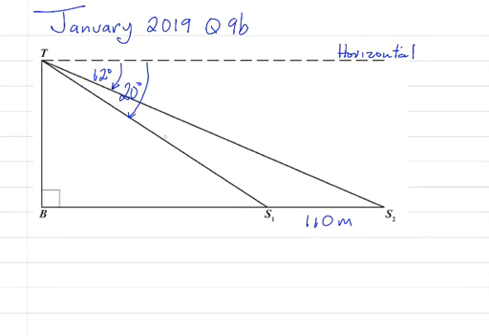These two lines here represent the person's line of sight. To illustrate the angle of depression, you start at the horizontal and draw your curve until you come around to the line of sight. The angle between the horizontal and the line of sight when looking down is the angle of depression.